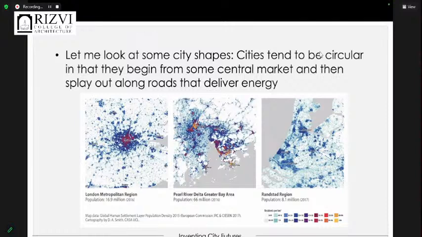It's a particularly good data set worldwide because it has quite fine scale different population densities. You can see London, and you can also see it spreading out. You can see how polycentric or polynucleated the city is, with small towns being absorbed as it's grown. The middle picture is the Pearl River Delta.